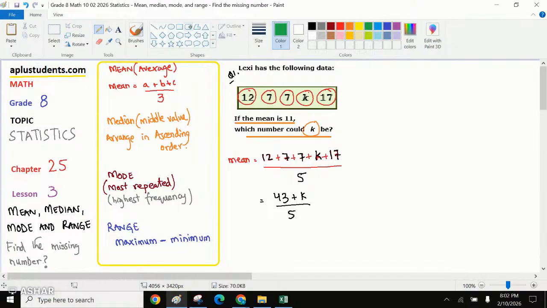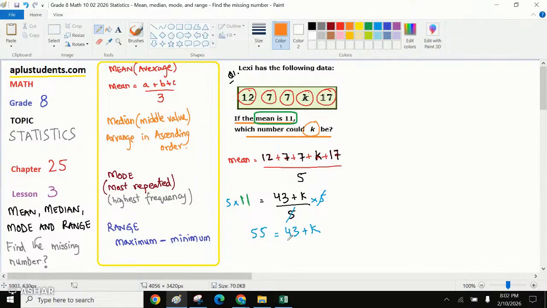The value for the mean was given over here. The mean was 11, right? So can we simplify the equation? We multiply both sides by 5 because we need to remove this 5. This becomes 55 equals 43 plus k.